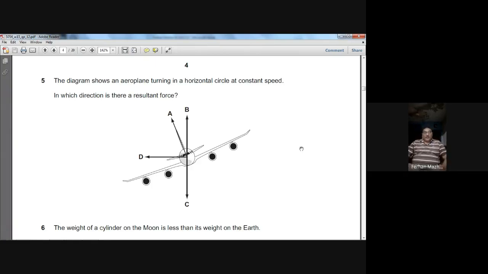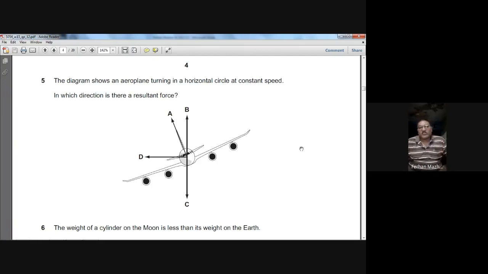I have told you many times that whenever you move in a circular path, the direction of the resultant force is always towards the center of that circle. The direction of the acceleration is also towards the center of the circle.